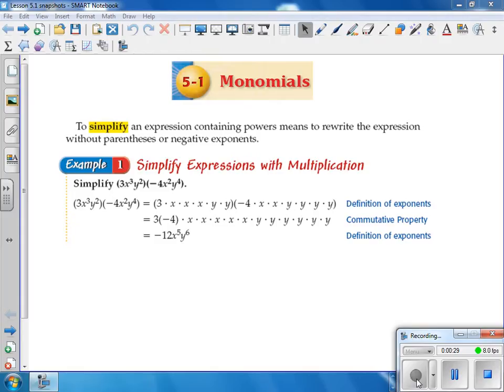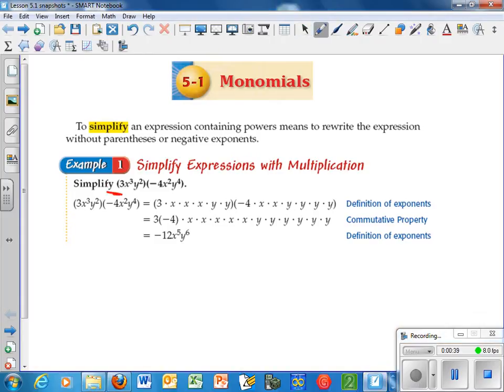If you look at this first example here, you're multiplying two monomials together. We have 3x cubed y squared, and it's multiplied by the monomial negative 4x squared y to the fourth. Again, this is the example from the book, but basically what you're going to do is multiply the 3 times the negative 4, which gives you negative 12, so you multiply your coefficients.